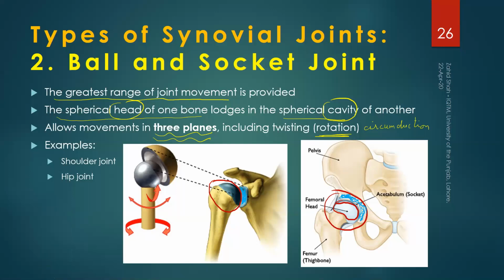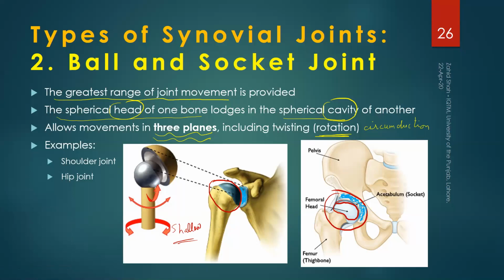One thing that you can notice is that the socket in the shoulder joint is shallow as compared to the socket in the hip joint. And that is the reason why your shoulder joint is even more mobile than the hip joint. Actually the shoulder joint is the most mobile joint in the human body.